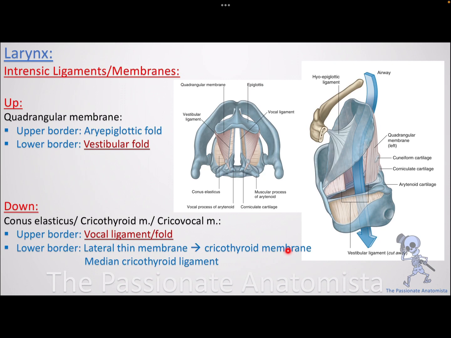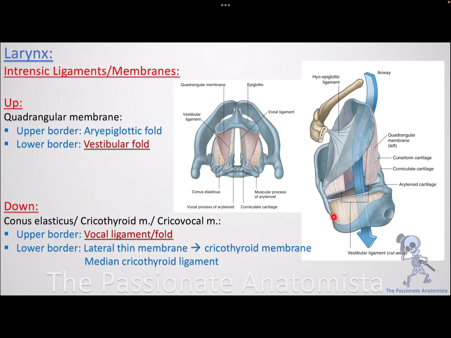Another thing that you need to know is, yes, the cricothyroid membrane is the thin part of it, but we have condensation anteriorly to connect the cricoid to the thyroid, and that condensation is a ligament, and this is what we call the median cricothyroid ligament.